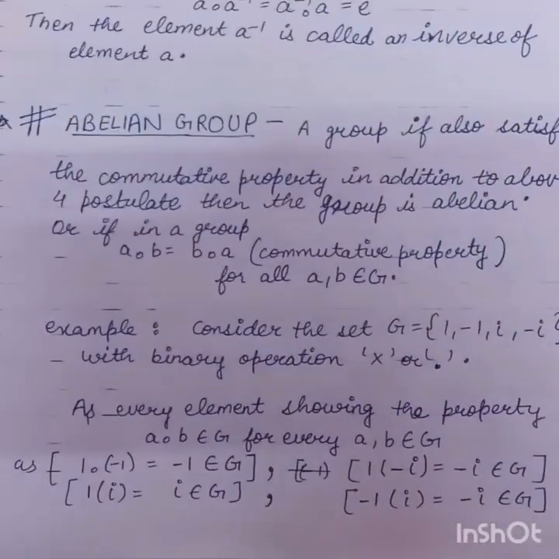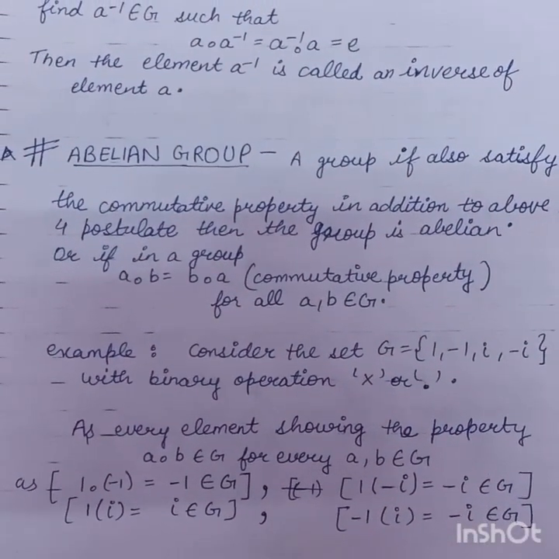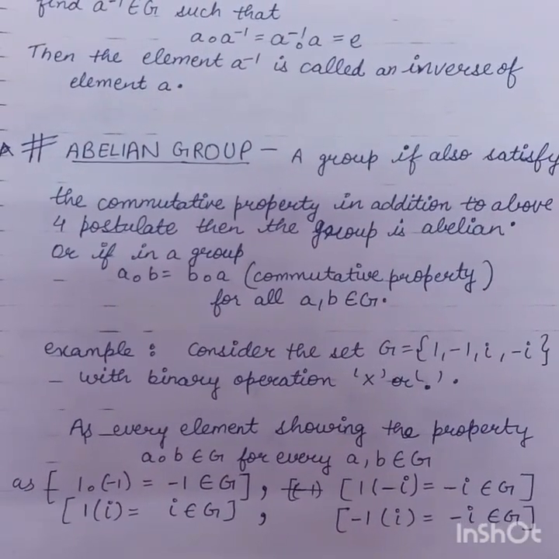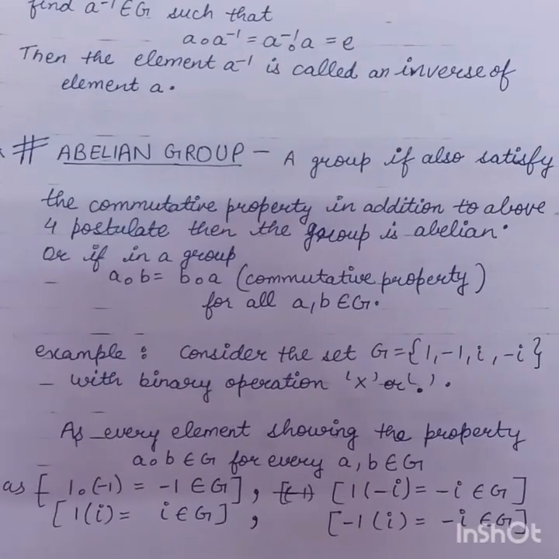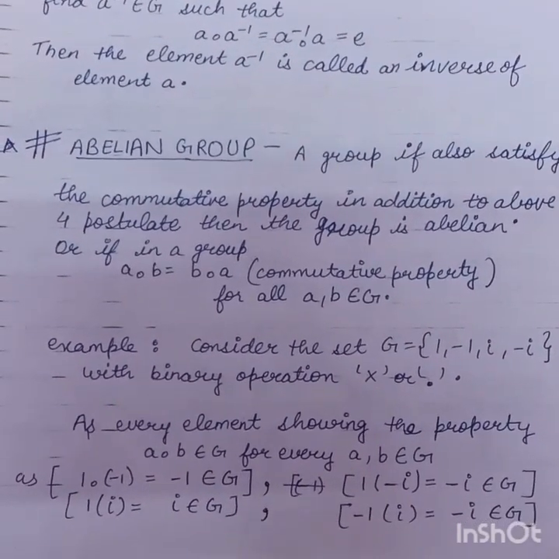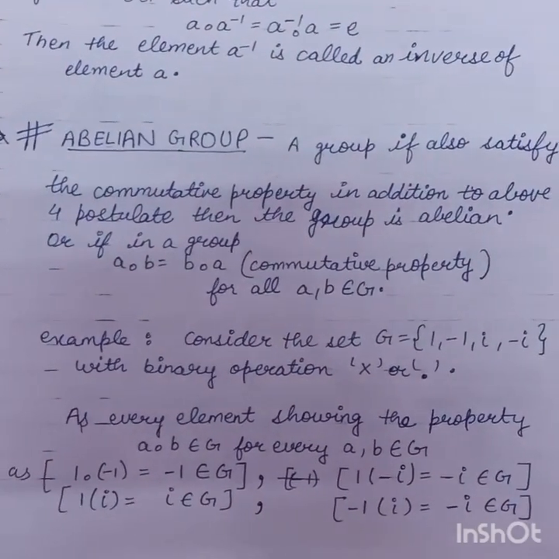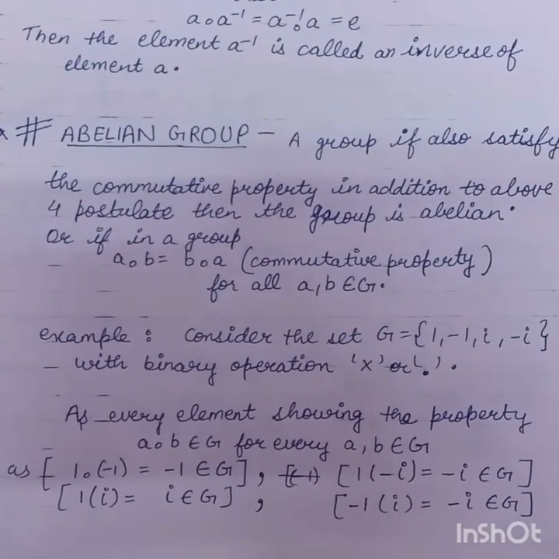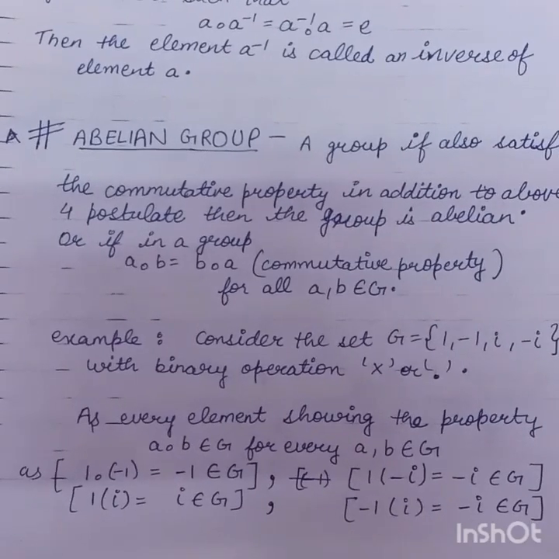Now we will take an example to show the four properties. Consider the set G, which has 1, minus 1, iota and minus iota as its elements, and the binary operation multiplication.